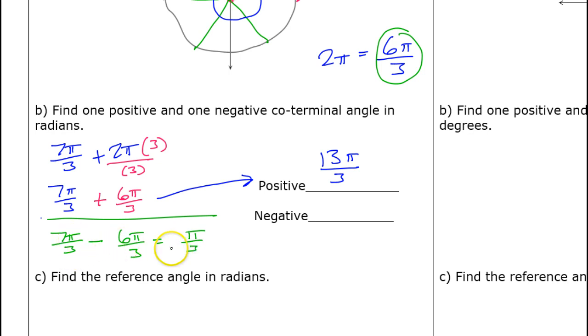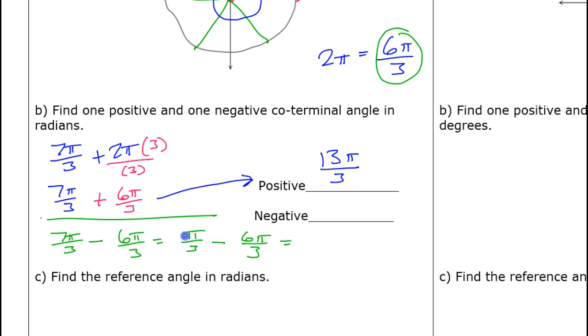All right, 1 pi over 3. But that's still positive. So if I want to go negative, I need to again subtract 6 pi over 3. The reason I'm subtracting 6 pi over 3 is that I'm really subtracting 2 pi. I'm going backwards all the way around.